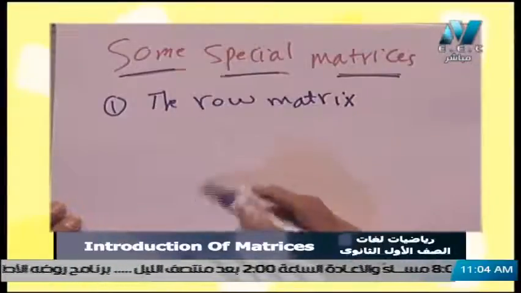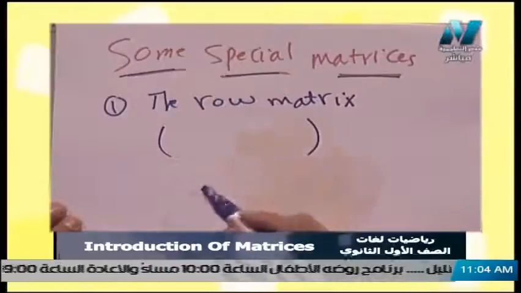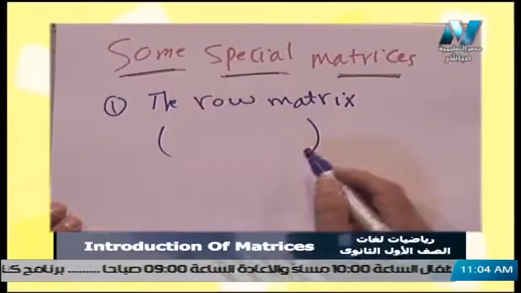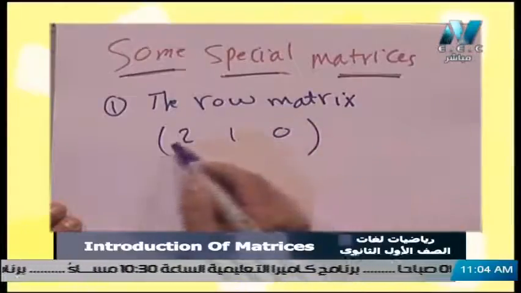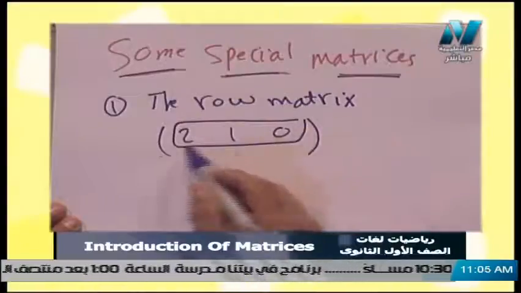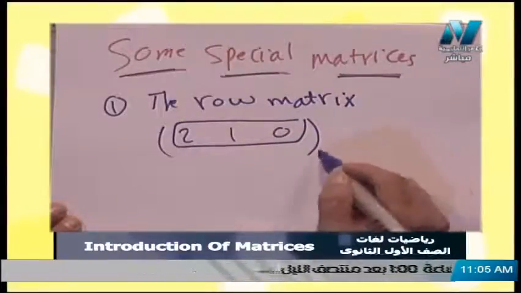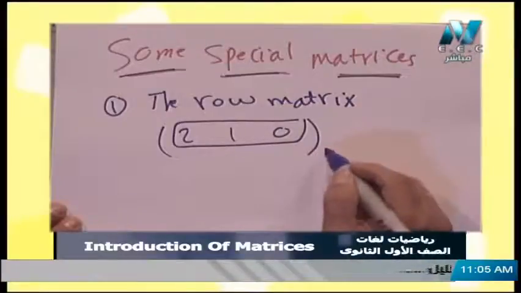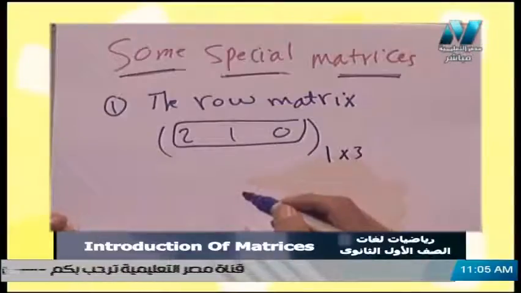What is the row matrix? The row matrix here is only a row with any number of columns. We can say 2, 1, 0. It's a row matrix. Why is it a row matrix? Because it's just one row and any number of columns. So this matrix is of order 1 by 3 as an example.